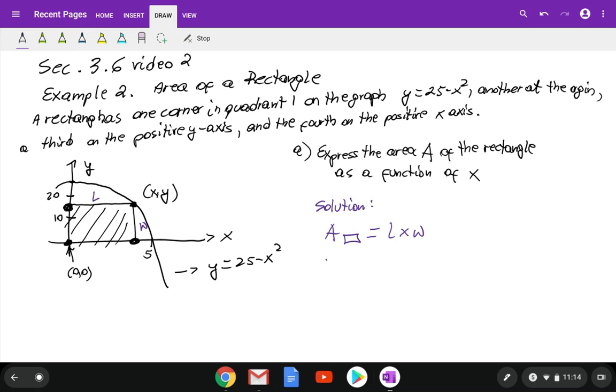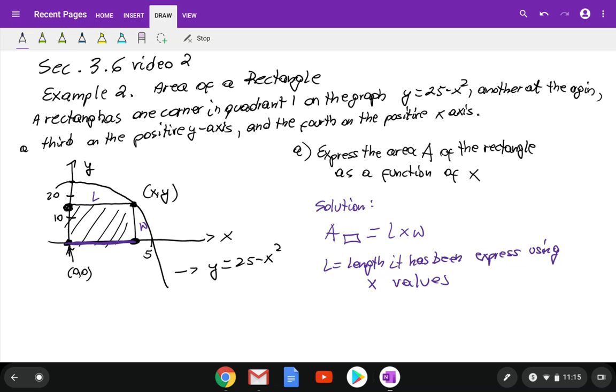Let's talk about L, which is the length. So the length of the rectangle right here is going to be expressed using the x coordinates. Again, I cannot really read that point. I don't know if this is 3, 3.5, or 4. So again, the length is being expressed using x values.